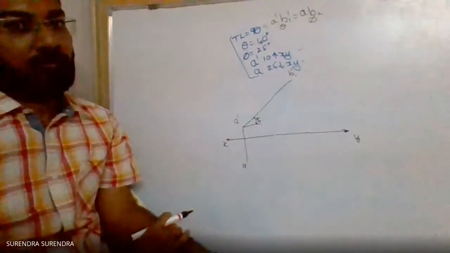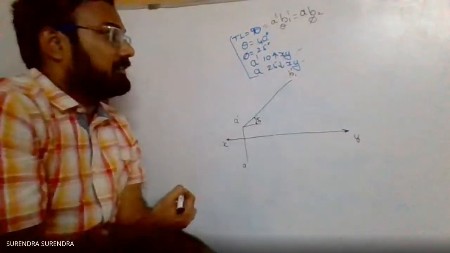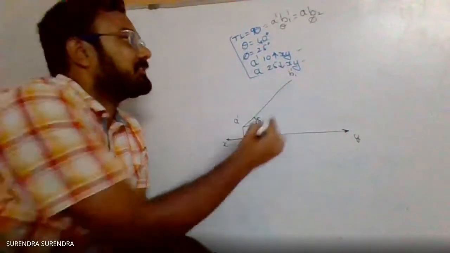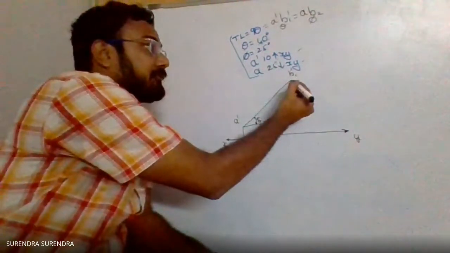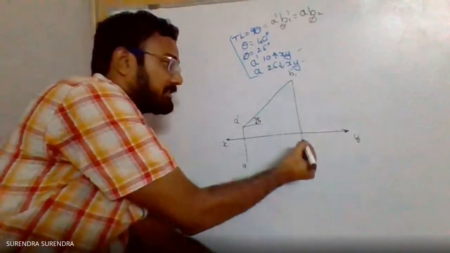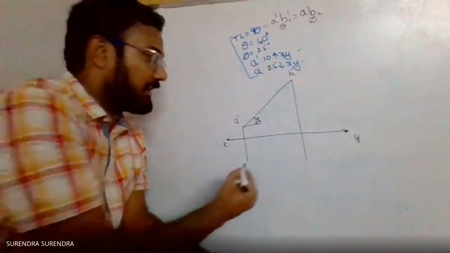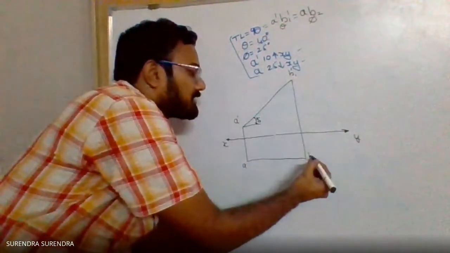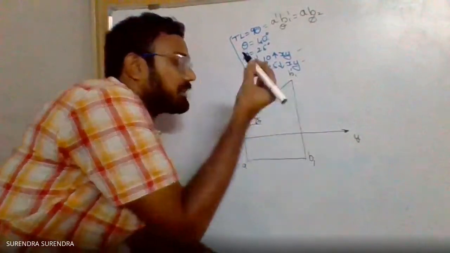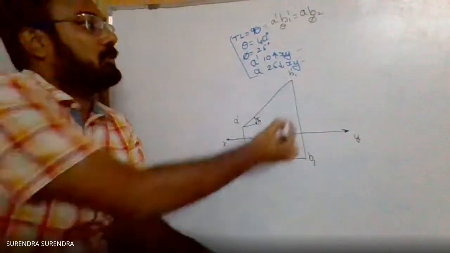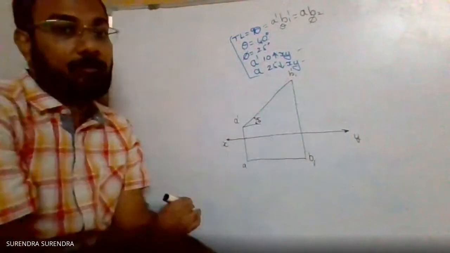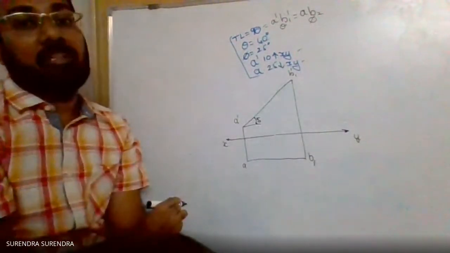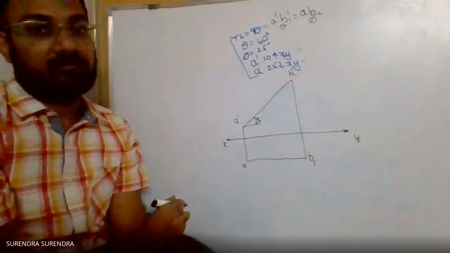Now, starting from A, we already got B1 dash. Where does B1 exist? B1 exists on a projector from B1 dash and a horizontal line from A. So this is the location of B1. B1 always exists on a projector from B1 dash. So this is the condition when the line is inclined to the horizontal plane.